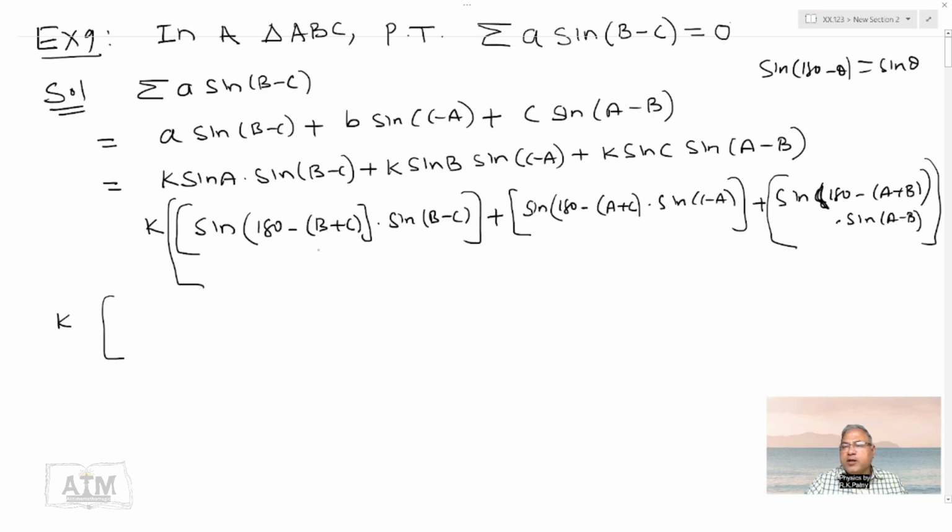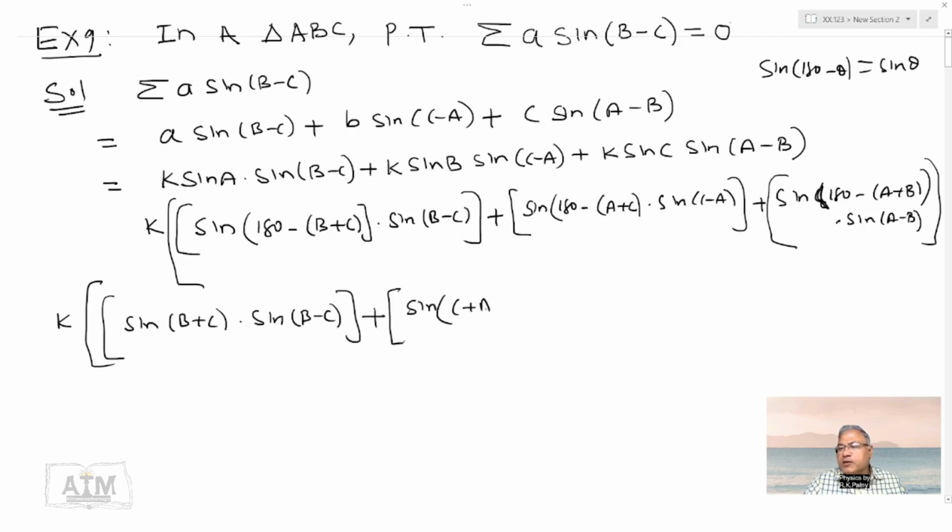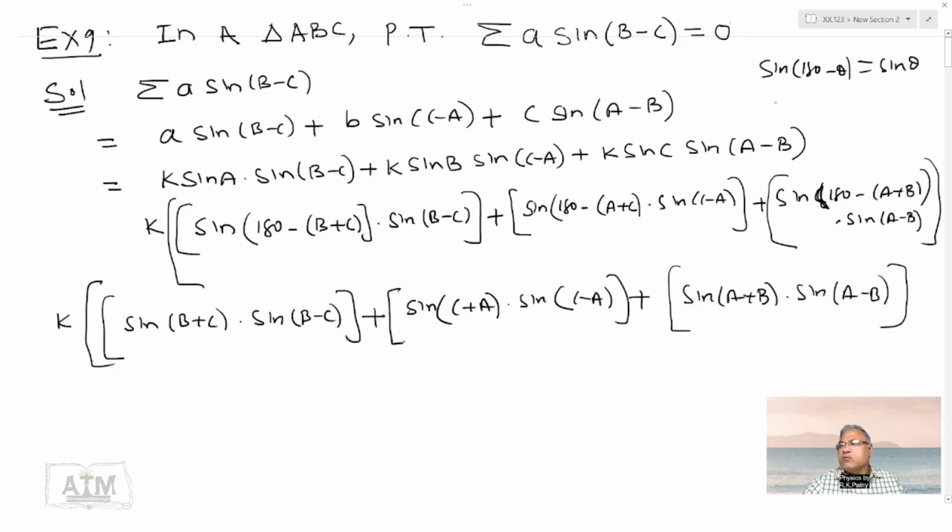Therefore, sin of 180 minus of B plus C is nothing but sin of B plus C multiplied by sin of B minus C, plus second bracket sin of C plus A into sin of C minus A. Similarly, the third bracket sin of A plus B into sin of A minus B. Now the formula: sine of x plus y into sine of x minus y equals sine square x minus sine square y.